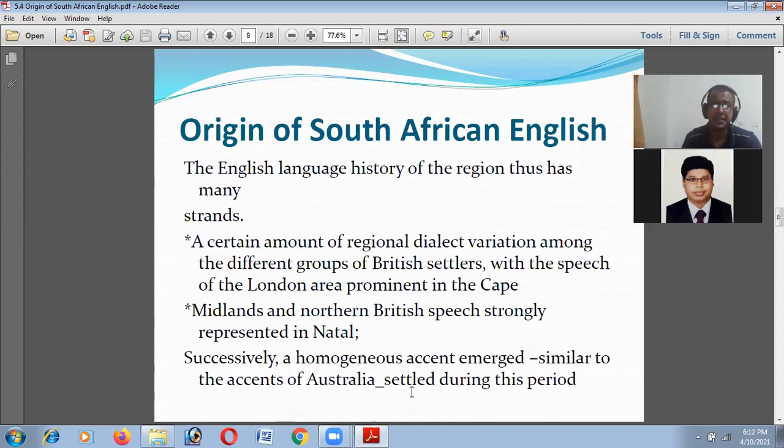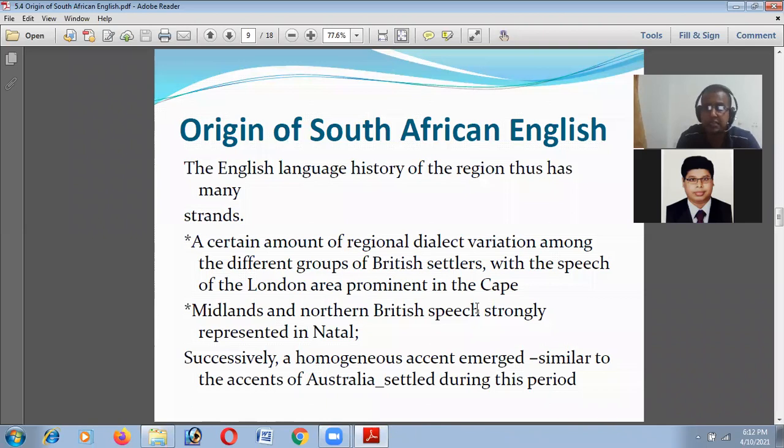And here, the English language history of the African continent has many strands. There was a certain amount of regional dialect variation among the different groups of British settlers, with the speech of the London area prominent in the Cape. In the Cape Town area, most of the settlers went there because it is a beach and mountain area, famous for gold mines and diamonds.